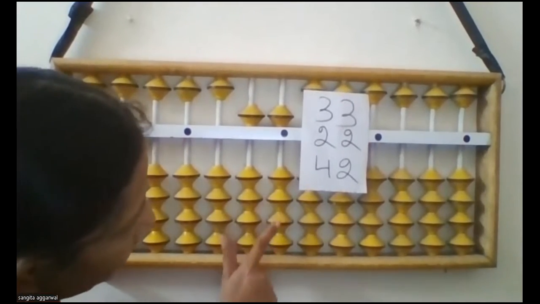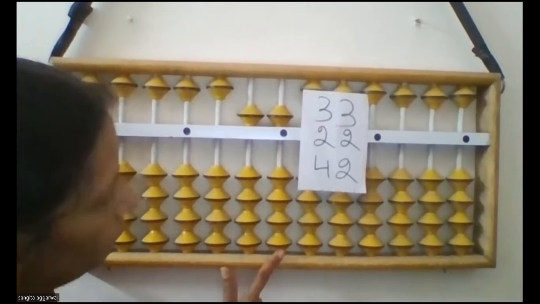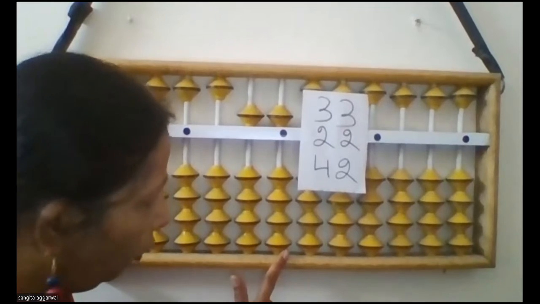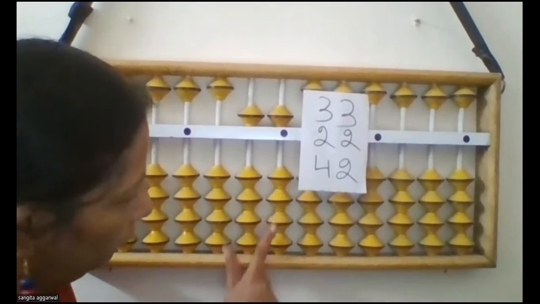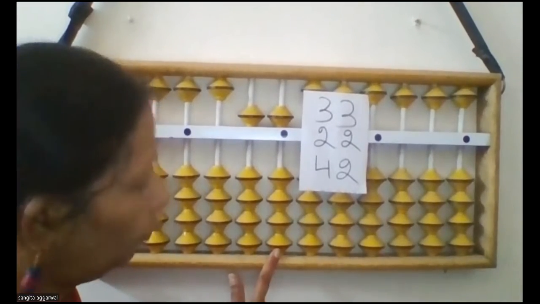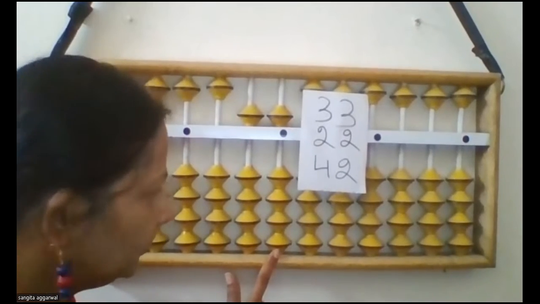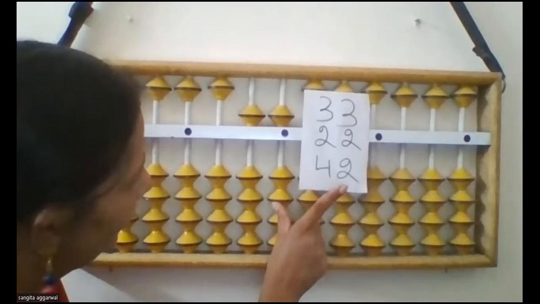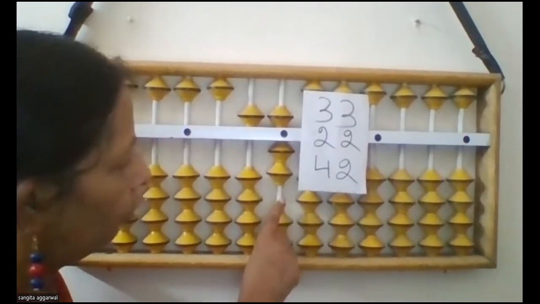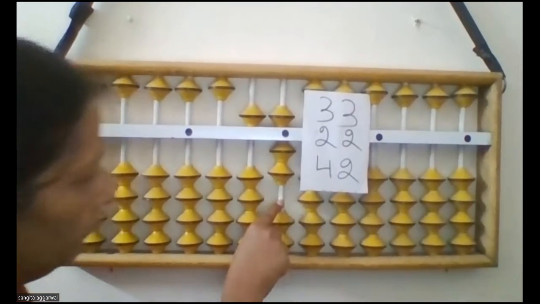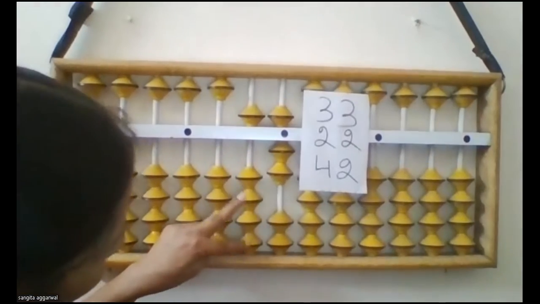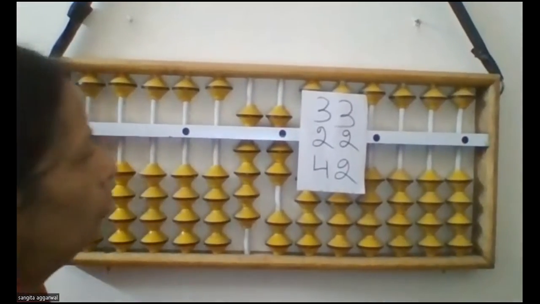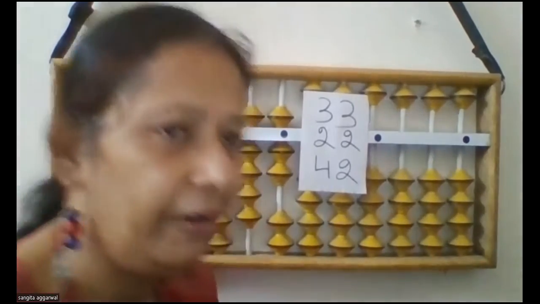Now you look at these beads on the 1st rod. You have to do add 2. But now you can do add 2 directly because 2 beads are available here. So you will directly do add 2 on the 1st rod, and on the 10th rod you can directly do add 40. So your answer is 97 for this question.